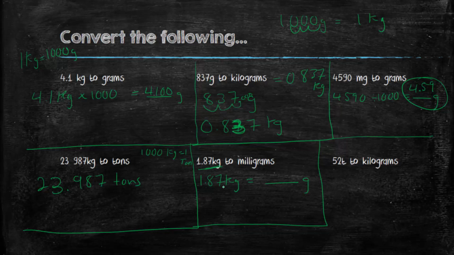Well, we know the relation between kilograms and grams is 1,000. So we'll actually get 1,870 grams. We're not done yet because the question is asking in milligrams. So we go 1,870 grams equals something milligrams. Well, we have to multiply by another 1,000, so that's 3 zeros.